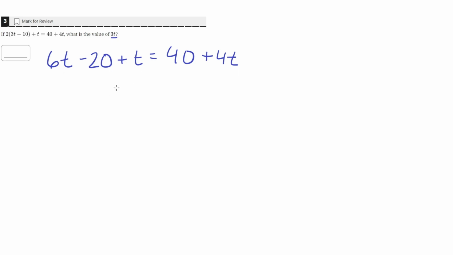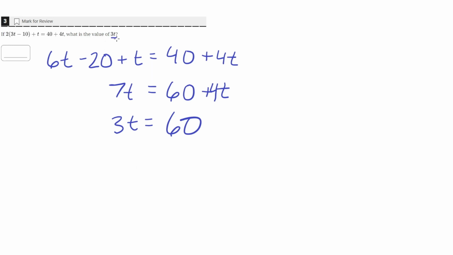So 6t plus t is 7t. And let's move this 20 to the other side. So we get 60 plus 4t. And then we can move this 4t back to the other side. So we'll get 3t equals 60 here. And then the question asks us for the value of 3t, not just t. So here, 3t equals 60. So our answer is 60.